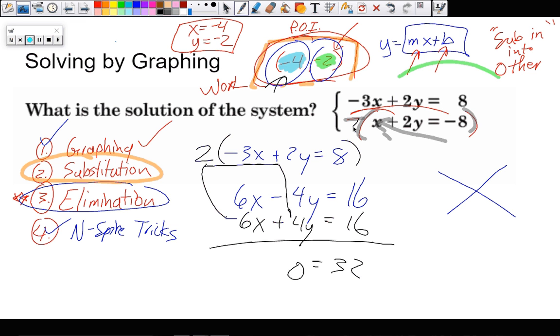Yes. If the statement is true, and it doesn't have to be 0 equals 0. It could be 5 equals 5. It's true. But if it's 3 equals 5, you know what I mean? Something that's not true, then it's going to be no solutions.